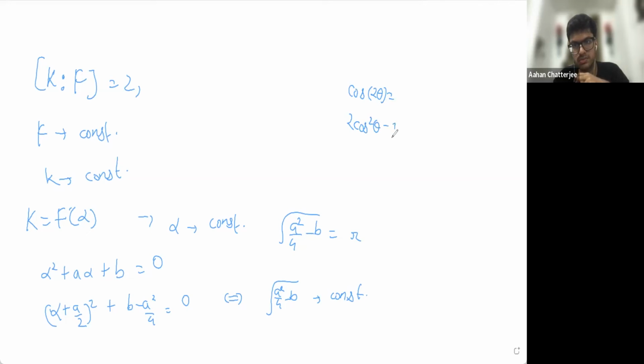So this is 2 cos squared theta minus 1. So anything of the form 2x squared minus 1 minus 3.